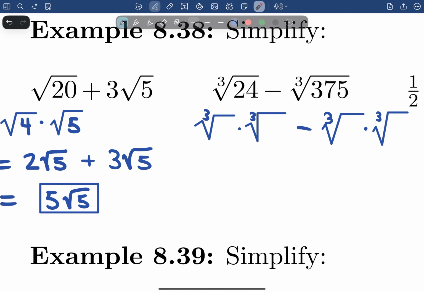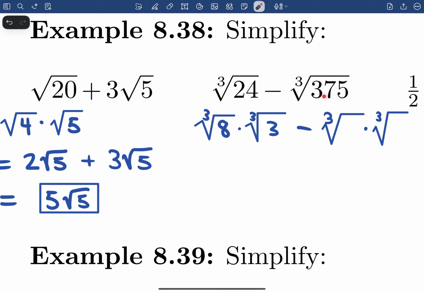And my goal, since the index is 3, is to think of perfect cubes. And for 24, I can think of a perfect cube of 8, which multiplies with 3 to make 24. Right? 8 times 3 is 24. I just used the product rule, putting a perfect cube in the first radical and the leftovers in the second radical.